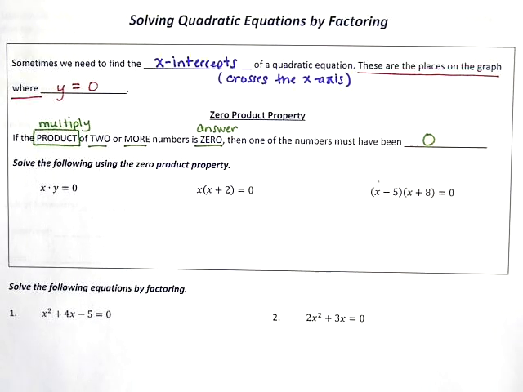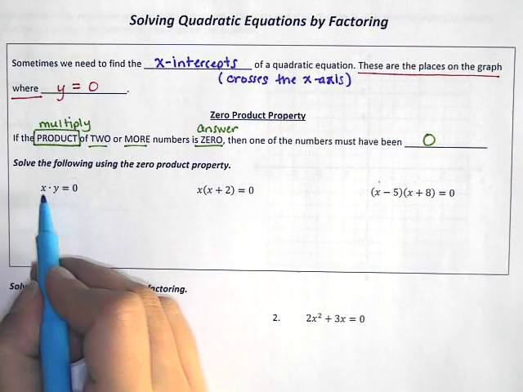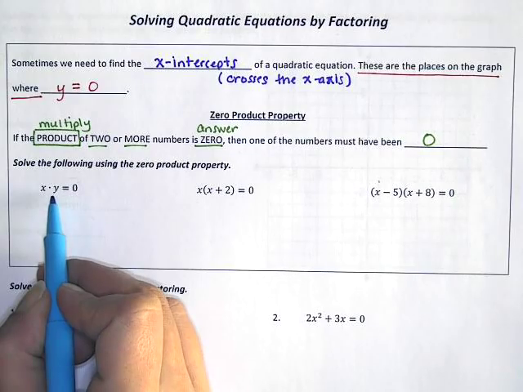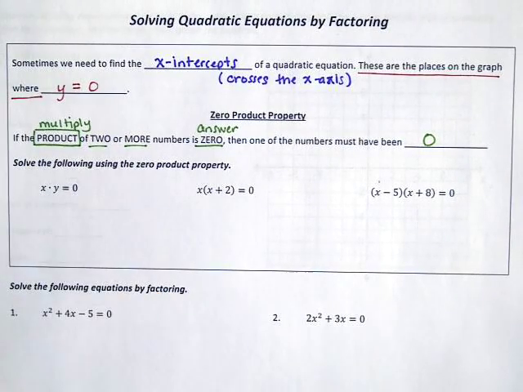Now, we investigated this today in class, so what we're going to do now is look at some of the ways we can use the zero product property to solve equations. So solving this equation means figuring out what values I could use for x or for y so that when I multiply those two numbers together, the answer is 0.